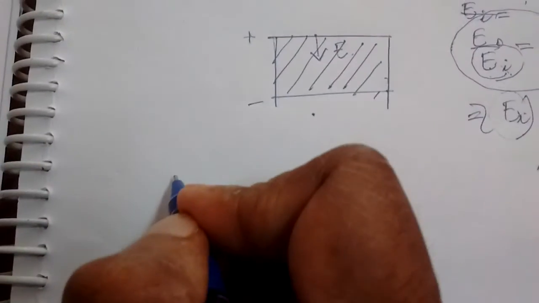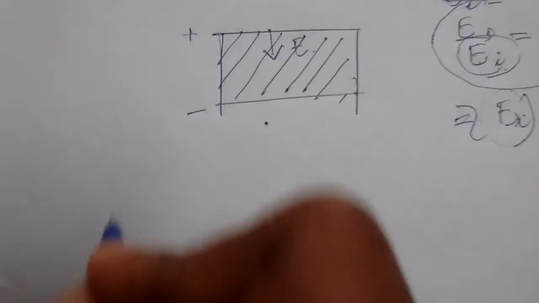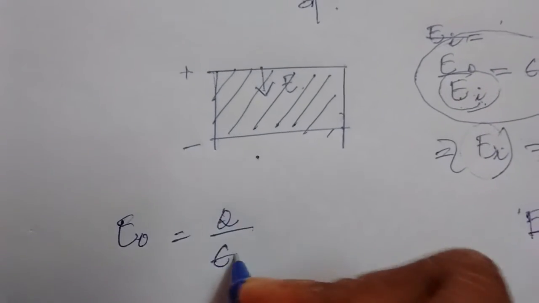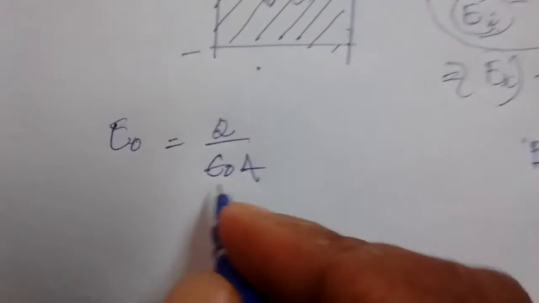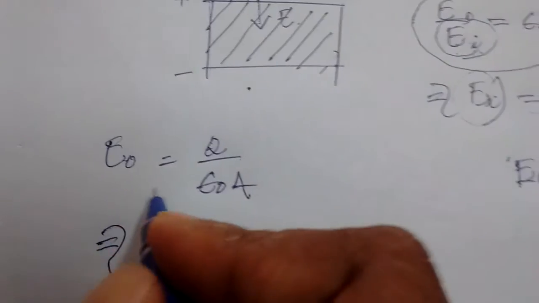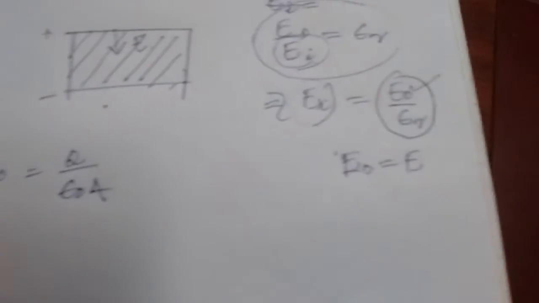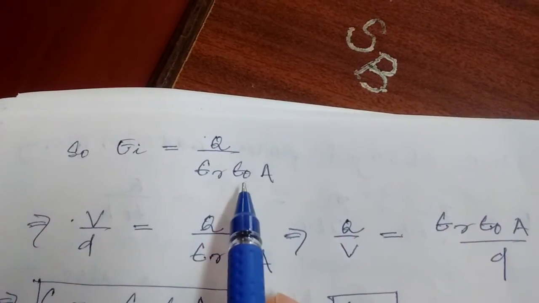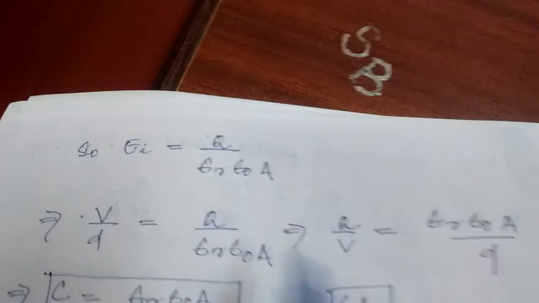Now what is the capacitance now? We have already known that the electric field E naught is equal to Q by epsilon naught A. We have already derived it in the previous topic. Now look here, EI is equal to Q by epsilon r epsilon naught A. From where did we get this?